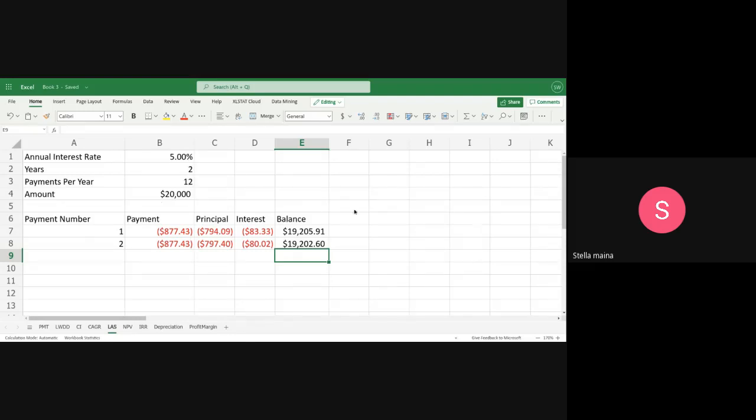No, it's not going to be like this. It's going to be this amount, not this amount anymore. It's going to be E7 plus C8. Yeah, that's okay now.